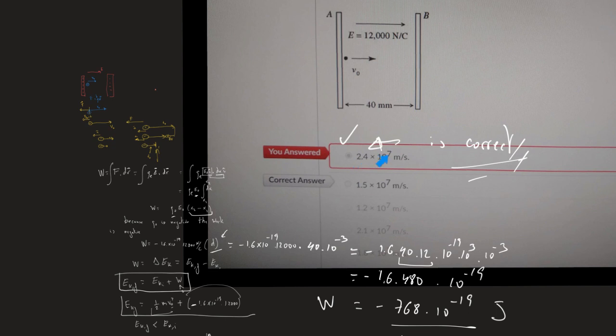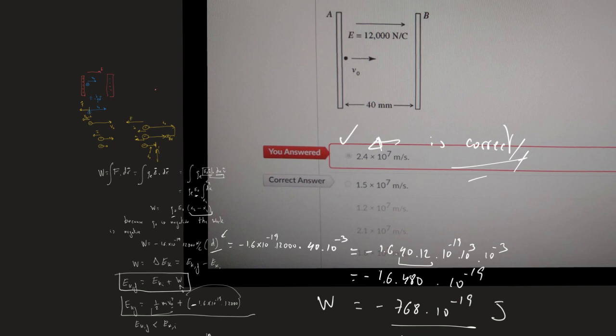So this cannot be; it should be something smaller. Something smaller than 2 by 10 to the 7 could be 1.5, 1.2. This one is 2, so this one cannot be. So there are only two possible answers. So this is a correct answer.